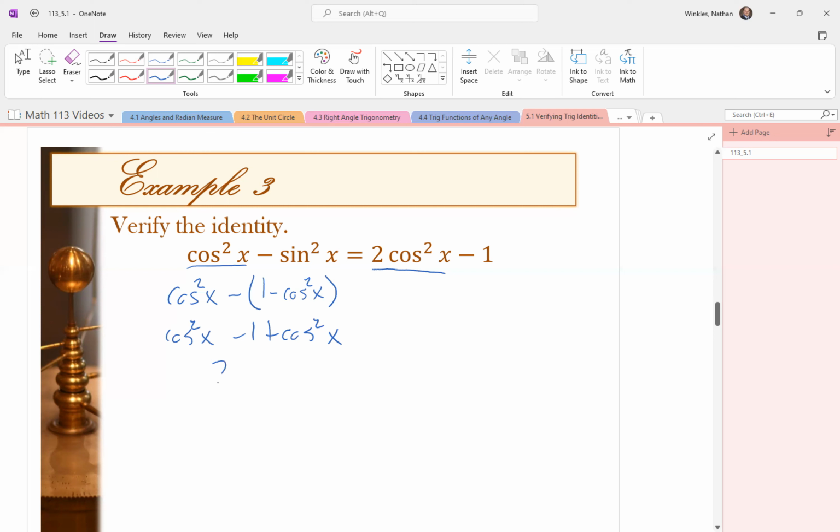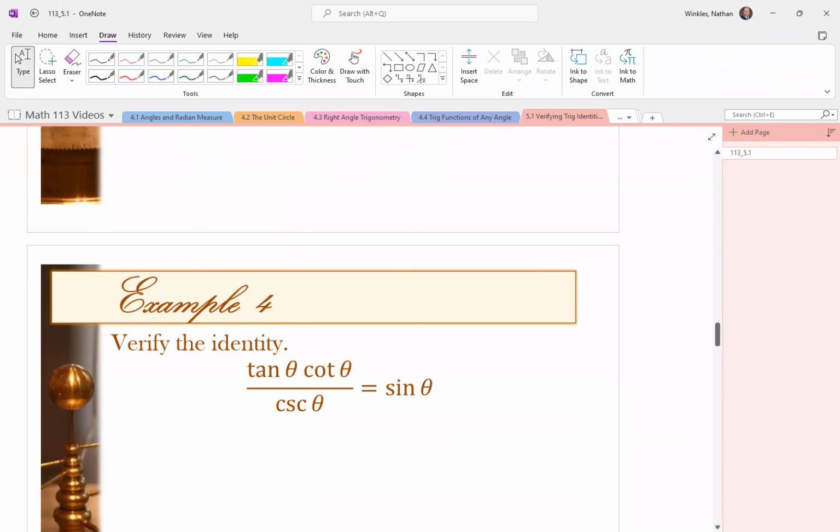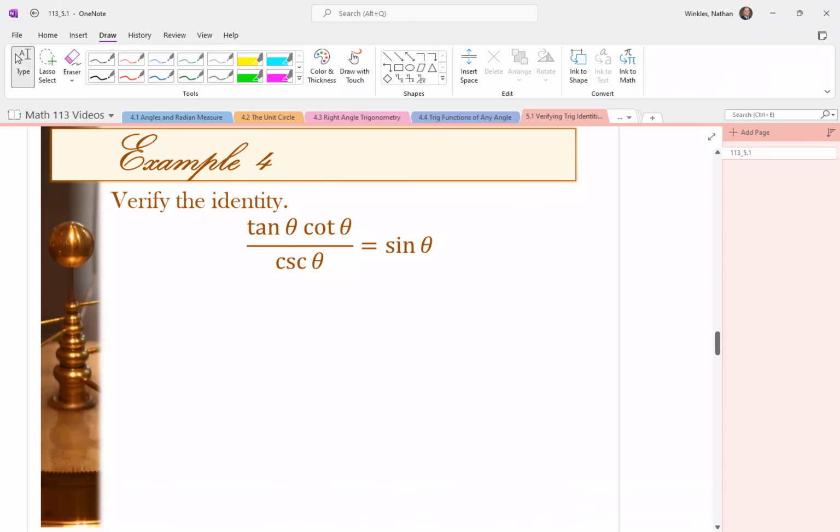Combining my like terms, I get 2 cosine squared x minus 1, which equals the right-hand side again.